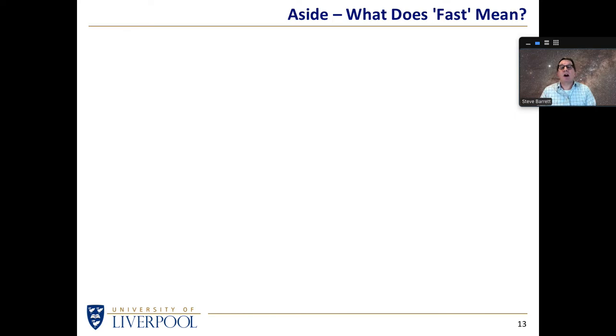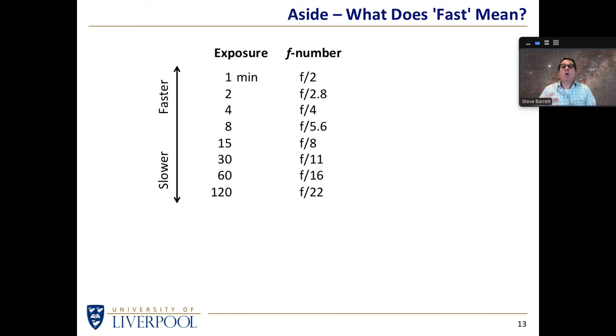Let's just have a look at a few numbers. Let's just take a hypothetical situation. If we wanted to photograph something and it required an exposure of 1 minute, if we had an F number of 2, in other words, the focal length twice the diameter of the objective, doesn't matter if it's a lens or a mirror. Then if we went to larger F numbers, in other words, smaller effective objective diameter, then we would need longer exposures.